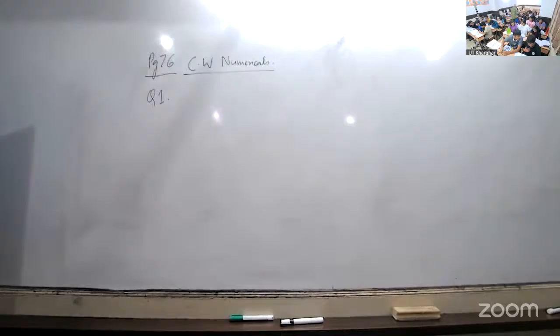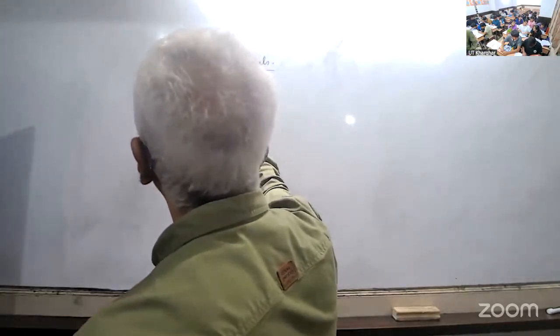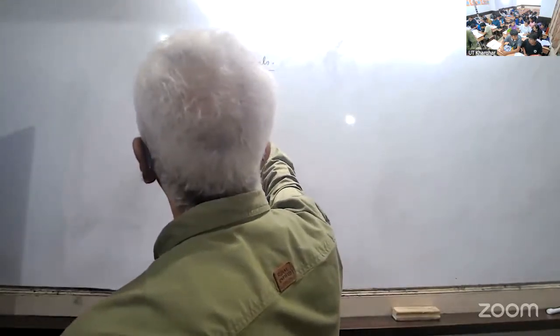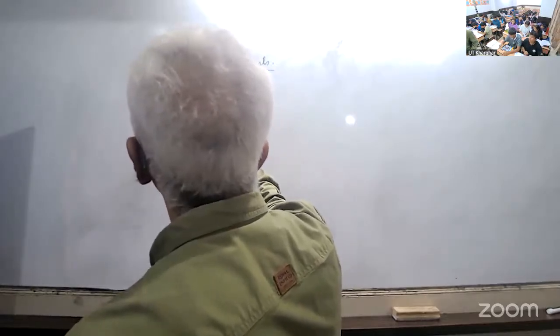Speed of light in air is given. Let me calculate the speed of light in glass. Then refractive index of glass is given. So how will you do it? Yes.